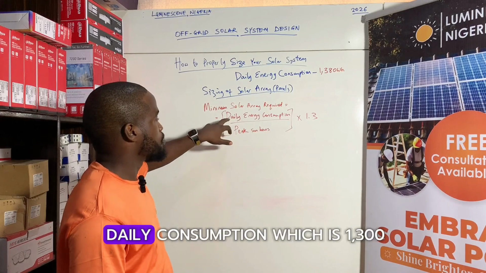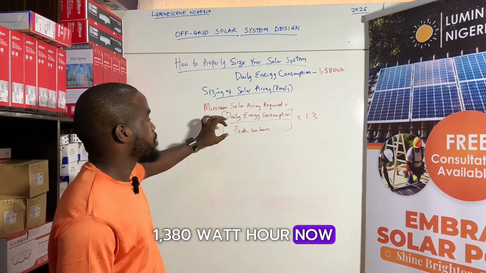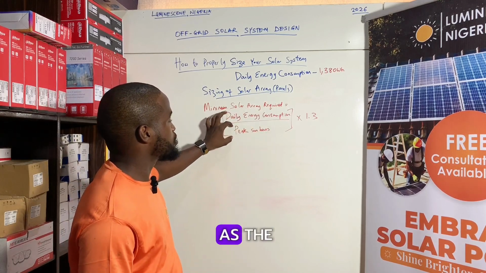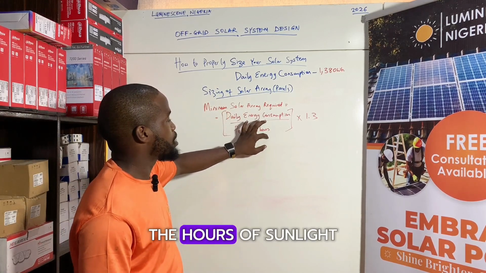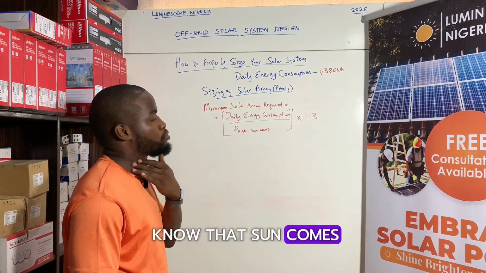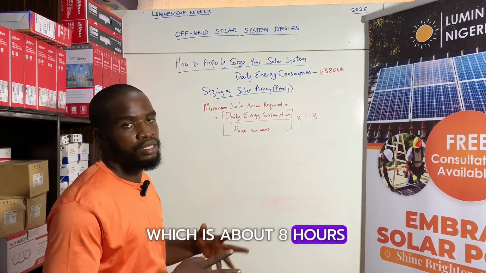We already have our daily consumption, which is 1,380 watt hour. Now the peak sun hour is not the same as the hours of sunlight we receive. We all know that the sun comes up around say 7-8 o'clock to around 4, which is about 8 hours.